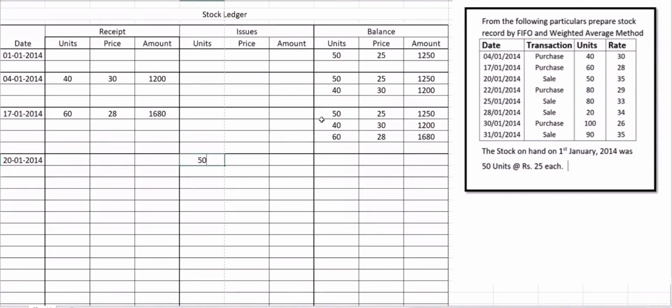Now these 50, 40, 60 units we are having in our stock. Out of that we will give 50 units. So which 50 units are we going to give? Those we were having earlier, the earliest units. So here 50 units at the rate 25, that is 1250. These units we have issued. After issuing these 50 units, what will we be left with? How many units will we be left with?